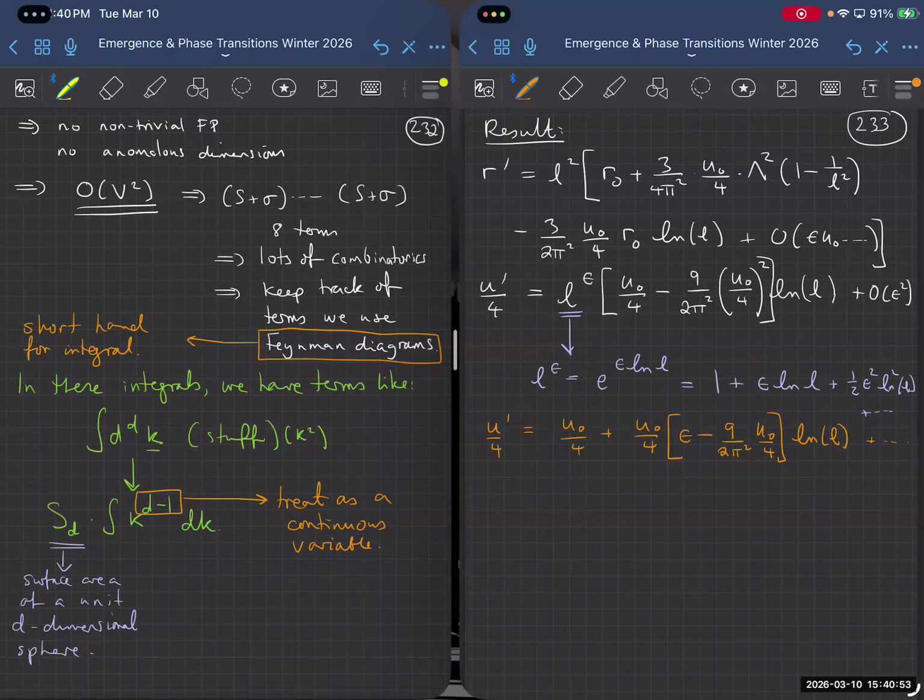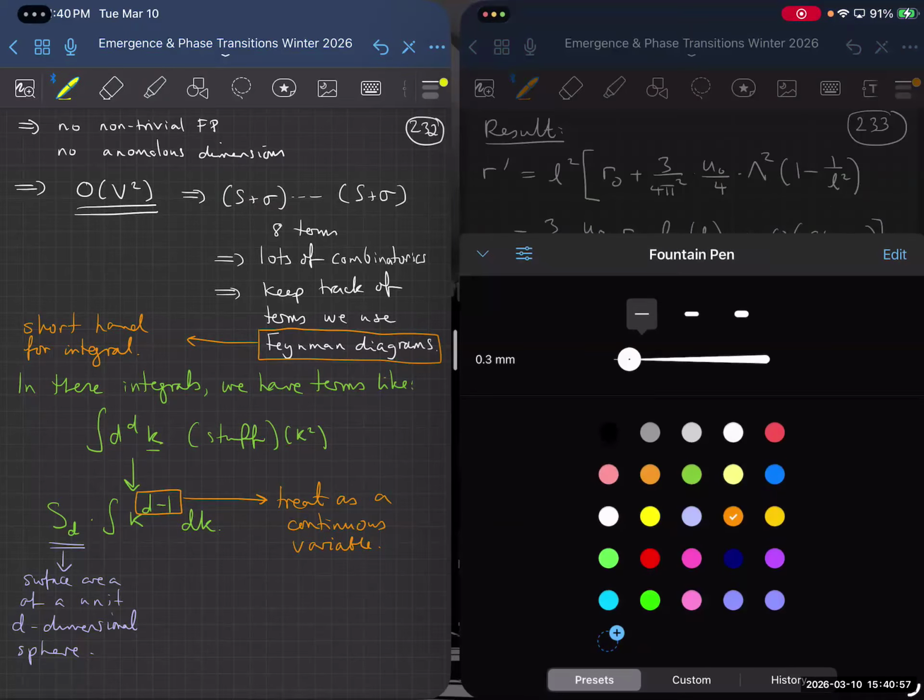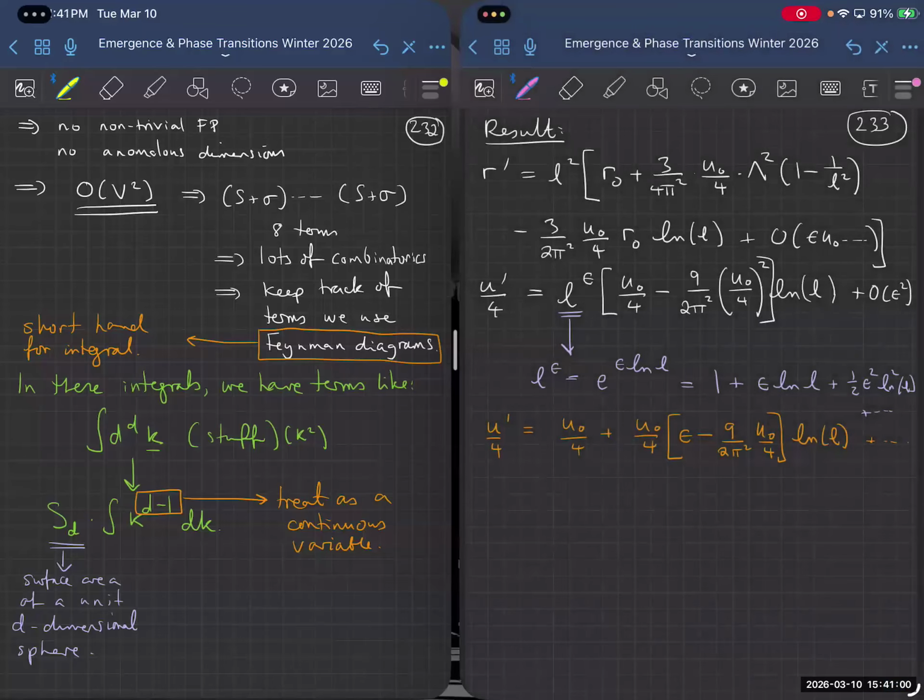Hopefully that's correct. So that's my recursion relation. Now it's downhill. The next thing we do is find the fixed points.